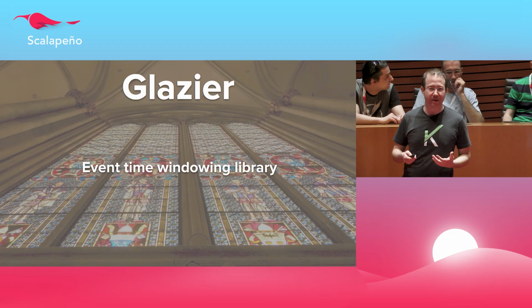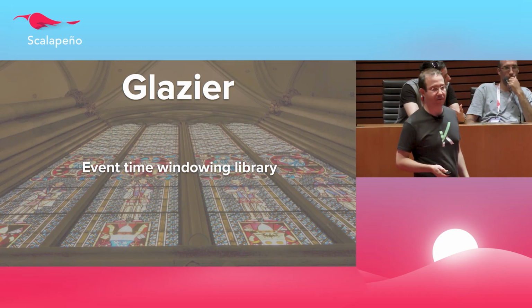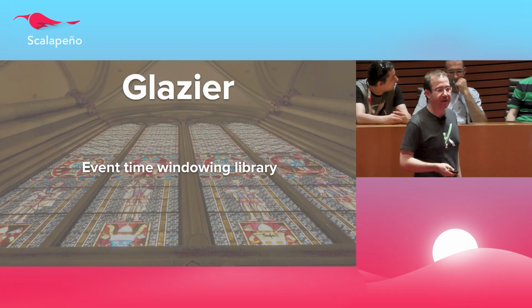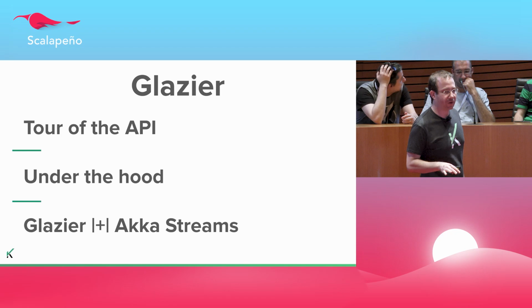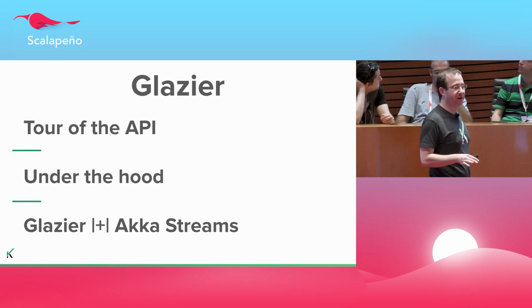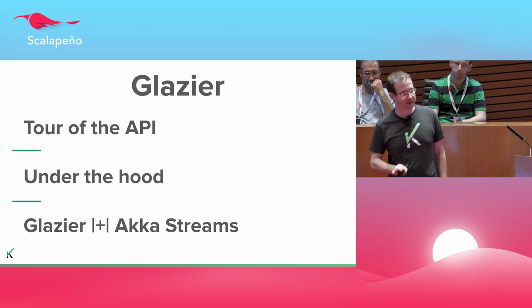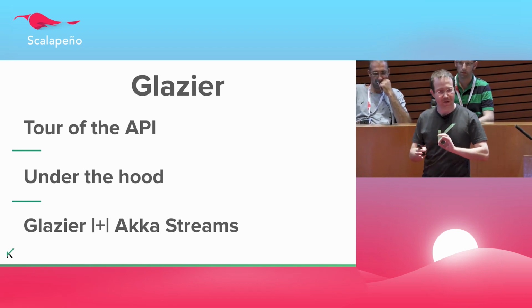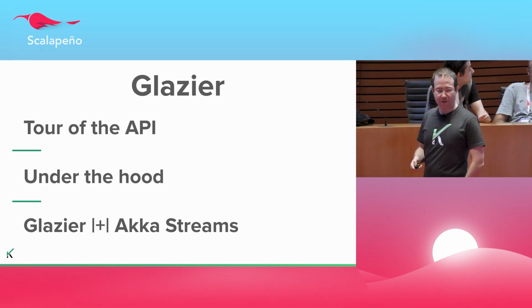It was mostly aimed at Akka Streams originally, but since we are now working on adding monix support for it. So now we're going to go through a tour of the API. Then we're going to peek under the hood at the implementation and see how it's tailored to use with Akka Streams.